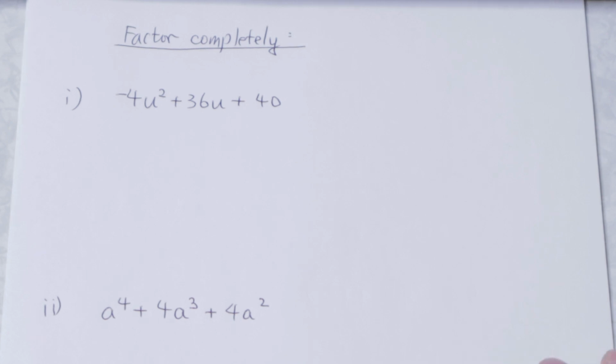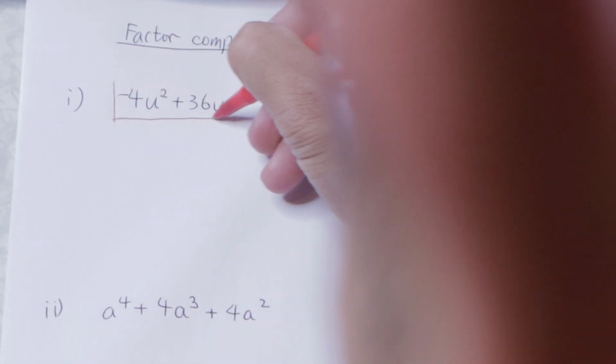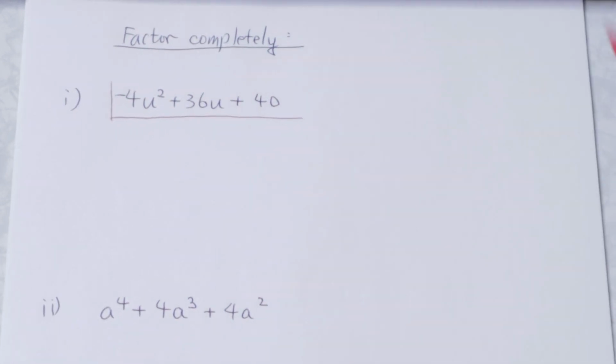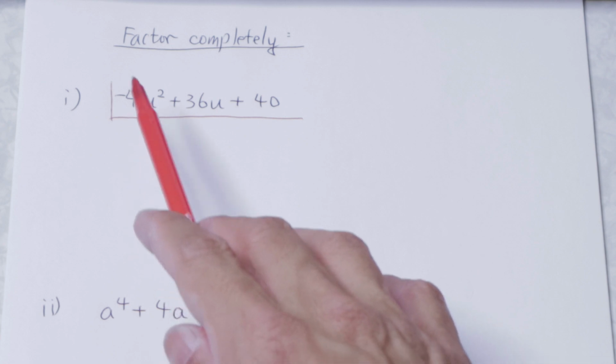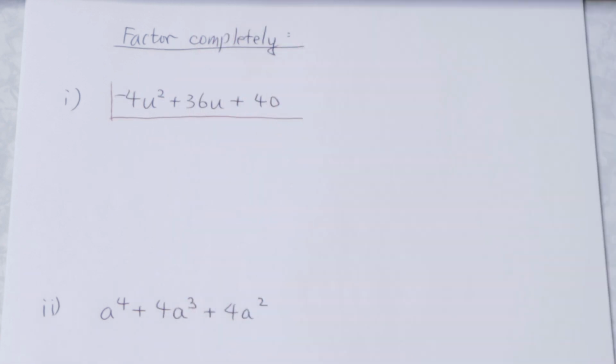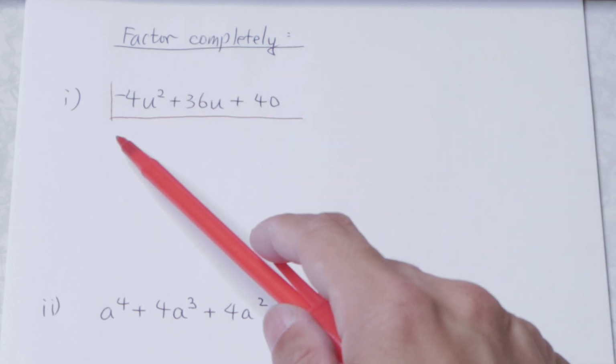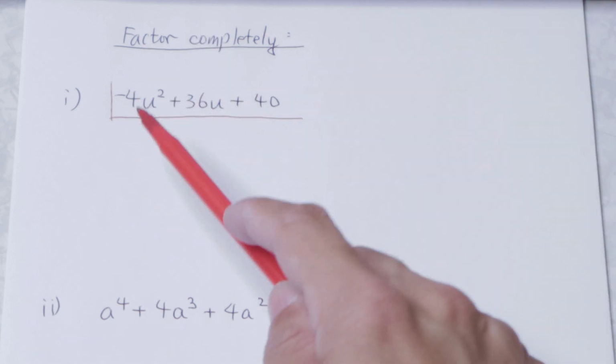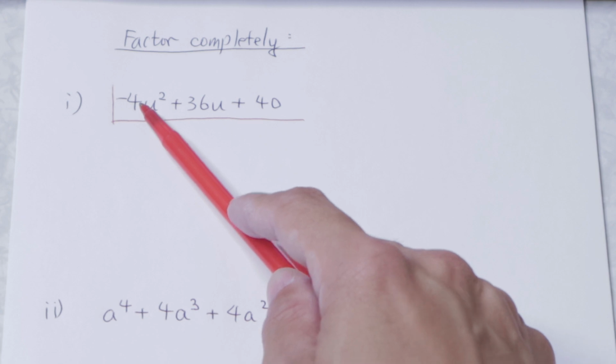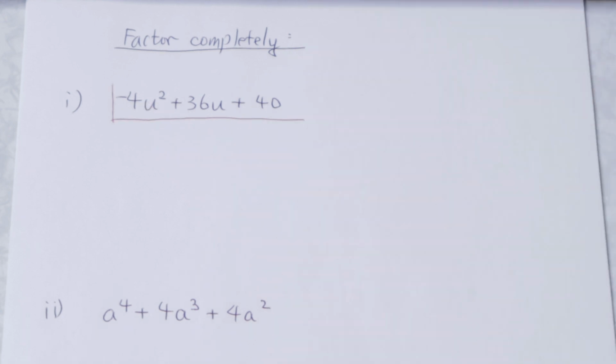To do that, we first draw an upside down division, and you want to find, is there any common factor that goes into negative 4, 36, and 40? And remember, we want whatever is inside the parentheses to be a positive number. So if the leading coefficient is negative, your GCF has to be negative.